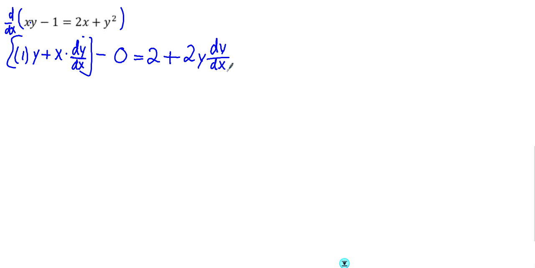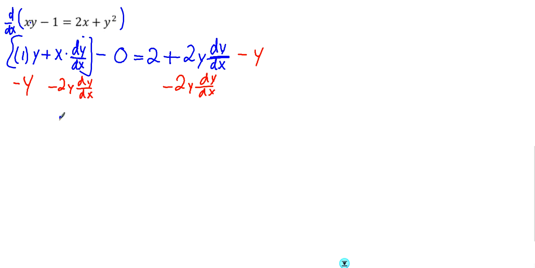Now what I need to do is get my dy over dx terms to the left side and everything that doesn't have a dy over dx to the right side. So I'm going to subtract y on both sides, and I'm going to subtract 2y dy over dx on both sides.